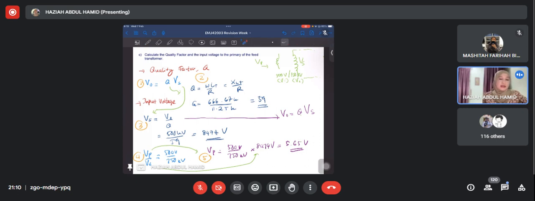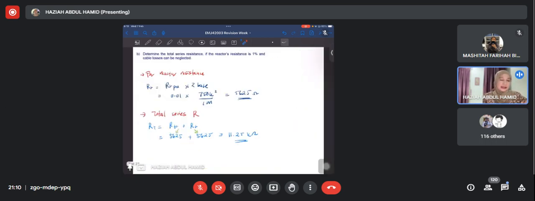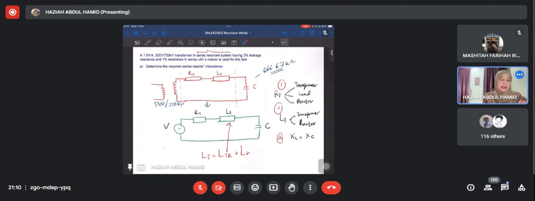Okay, the step. So first you know that the relationship between input and output. Kita kata output of the transformer, but that output is become the input to our resonant circuit. Right? So dekat sini lah. Okay, patah balik pergi circuit ni. Secondary voltage here become the input to the resonant circuit.